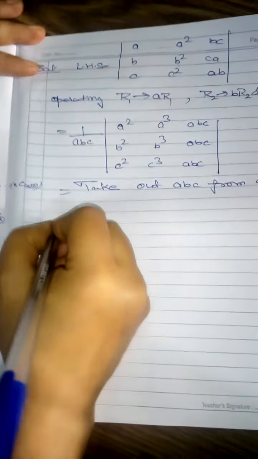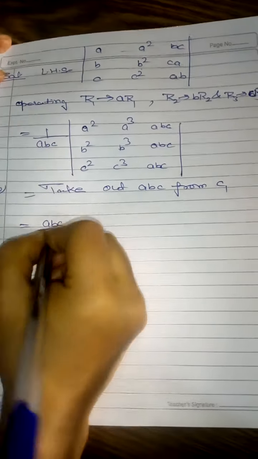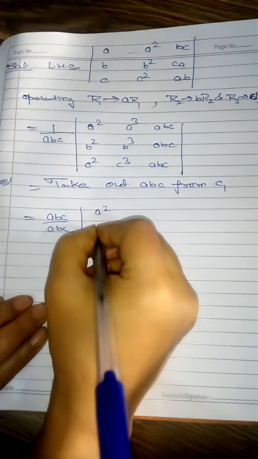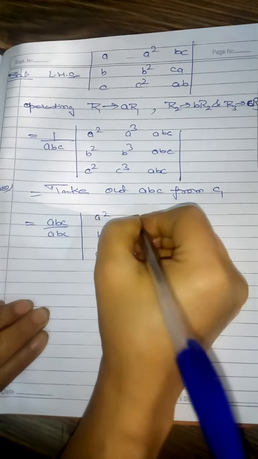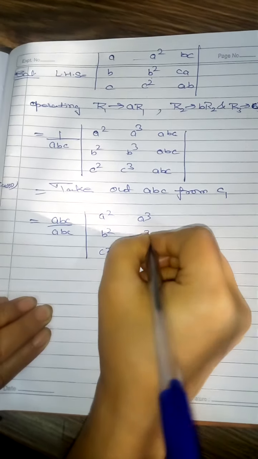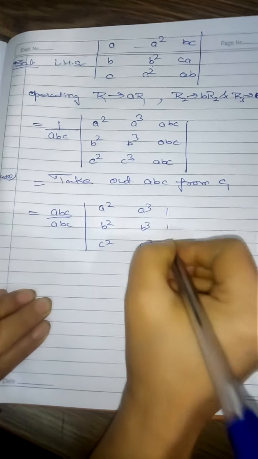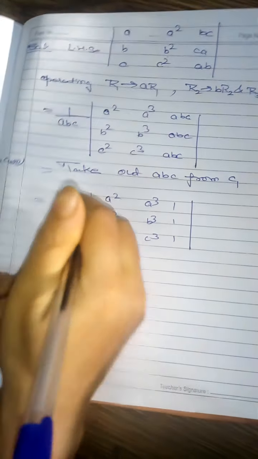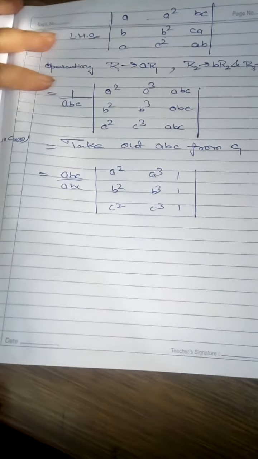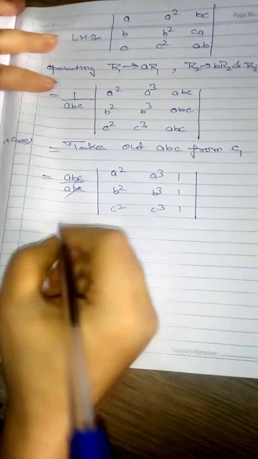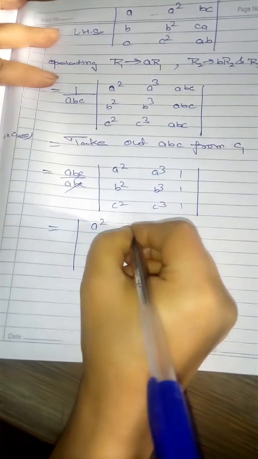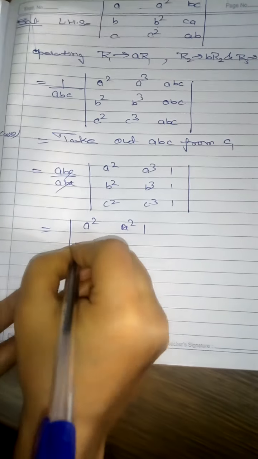What is coming here is ABC upon ABC, with a square, b square, c square; a cube, b cube, c cube; and 1, 1, 1. Now in this term ABC cancels with ABC.